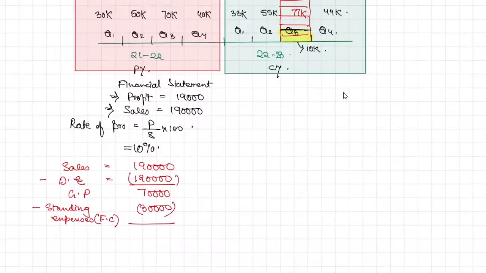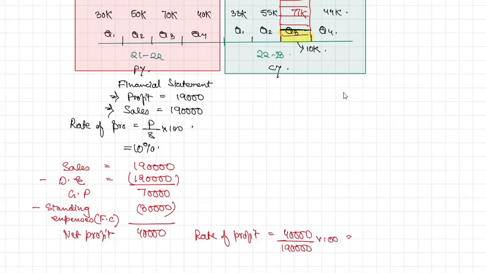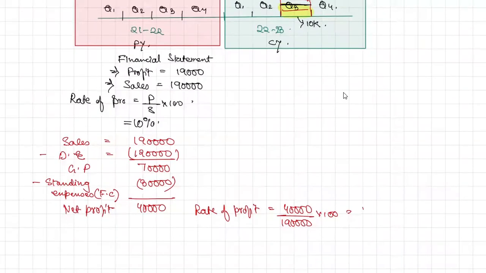So what is my net profit over here now? It is 40,000. Correct. Now, if I ask you what is the rate of profit, what will you say? Sir, 40,000 is my net profit upon my 1,90,000 sales into 100, to kitna aa jayega? Baba re baba, kaafi vichitra hai. Chaliye 21%.